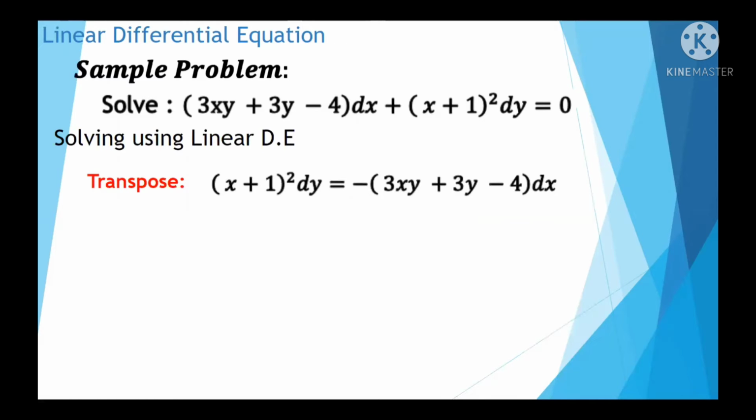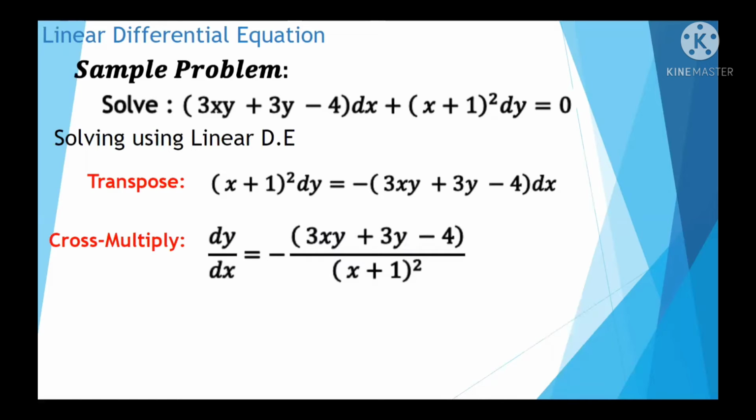To solve, let's transform this equation. We'll transpose quantity 3xy plus 3y minus 4 dx to another side so that it will become negative quantity 3xy plus 3y minus 4 quantity dx.